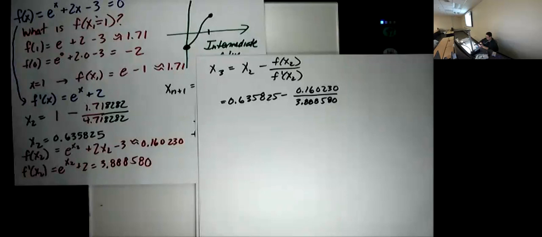Just compiling the rounding errors here. 0.160230 divided by 3.888.